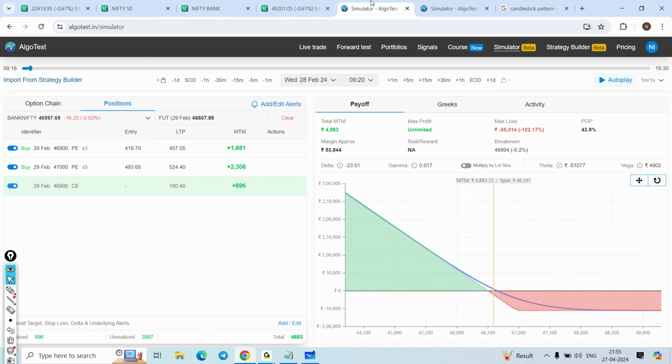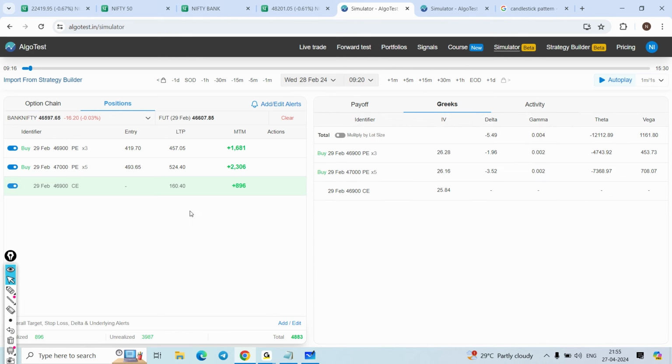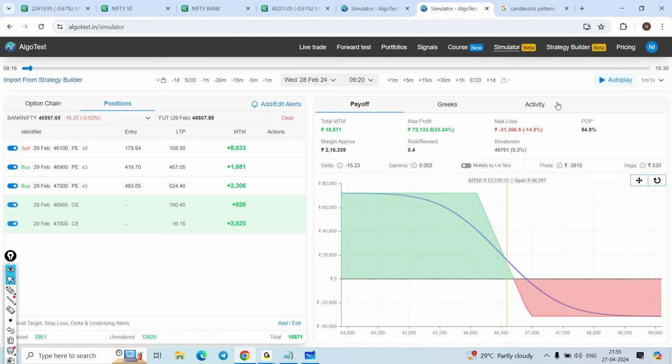Okay. If I'm taking a position on a 1 week extended expiry, is it worth to play the theta role? Theta will be affecting a lot here. Can you see the theta here? Minus 12,000. 1 day before expiry, theta is minus 12,000.